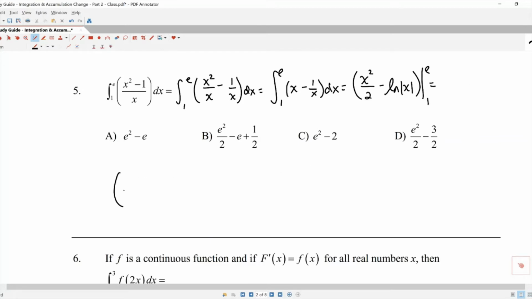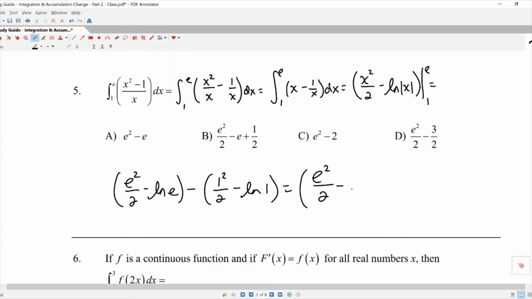So substituting in e, I get e squared over 2 minus the ln of e minus, plugging in 1, 1 squared over 2 minus the ln of 1. So I get e squared over 2 minus the ln of e. These are inverses. They cancel, giving me 1. 1 squared over 2 is 1/2 minus 0. So we get e squared over 2.